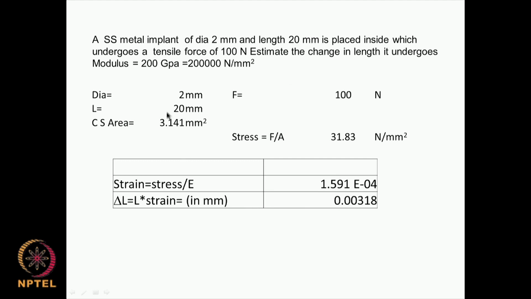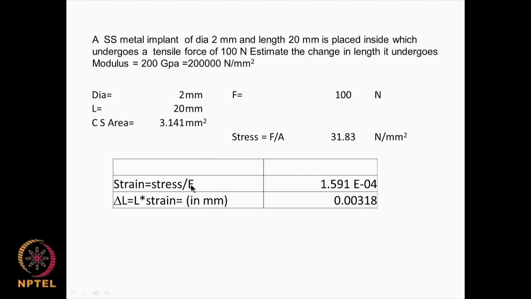Understand this problem. So, the diameter is given, length is given. So, force is 100 Newton, cross sectional area is pi d square by 4, stress is equal to force by area, 31.83 Newton per millimeter square. Strain is equal to stress by modulus, modulus is 200 gigapascal, which is 200,000 Newton per millimeter square.